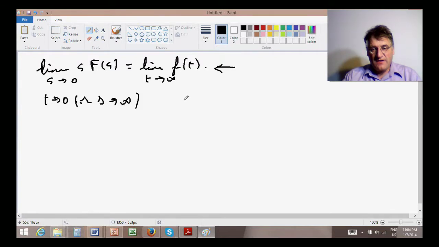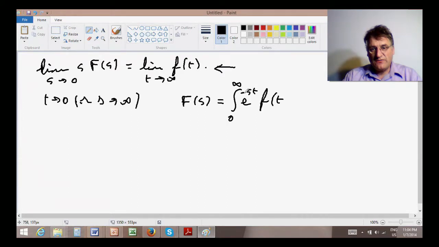So we have f of s is equal to the integral from 0 to infinity of e to the minus st times f of t dt.